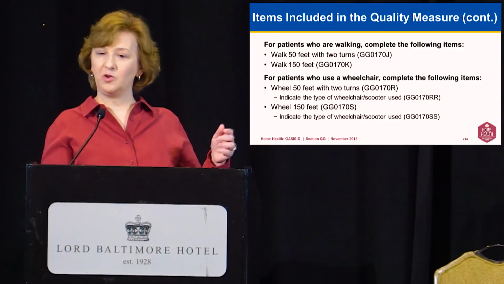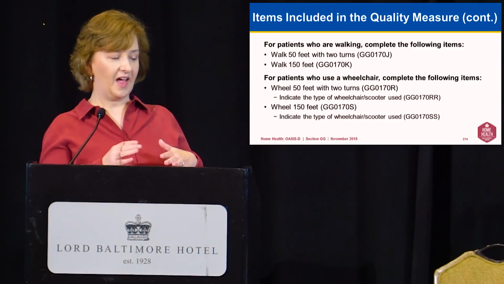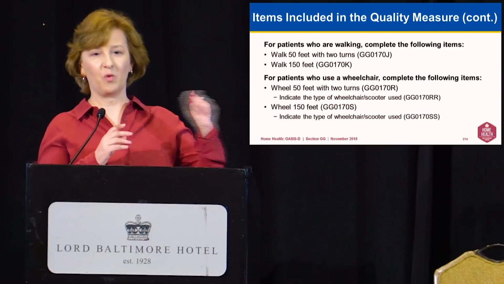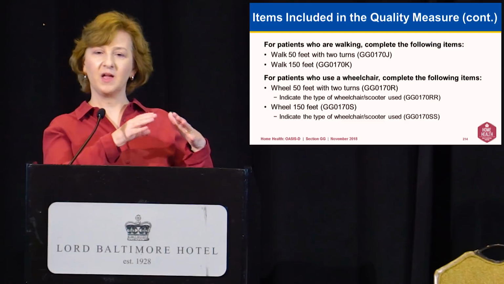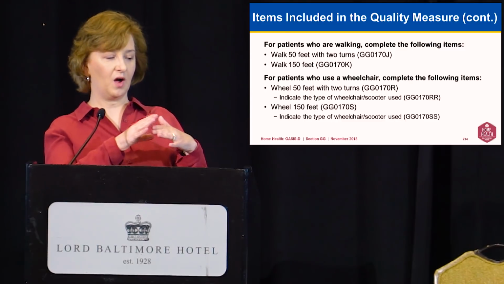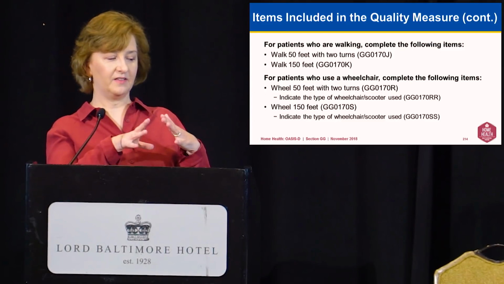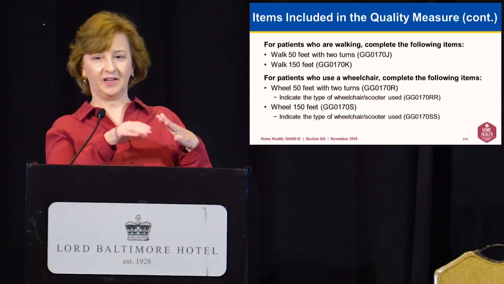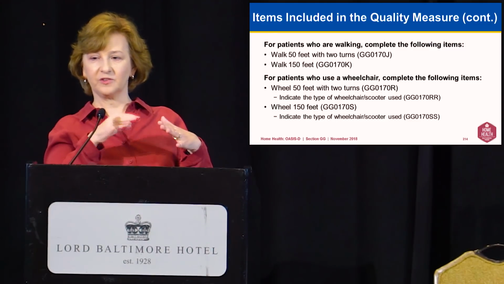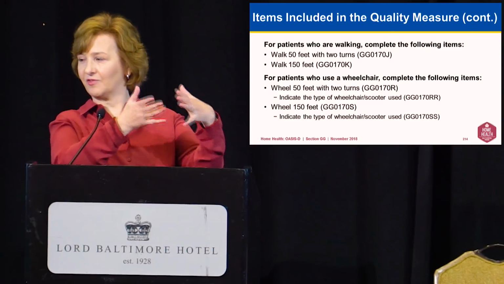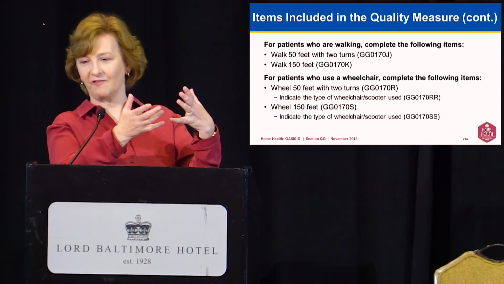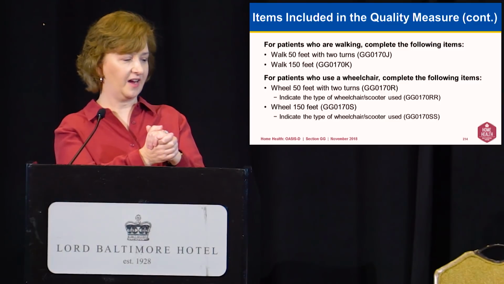I'll start with walking. In the case that you indicate on the form that the person is not able to walk 10 feet, then basically you are skipped over the 50 feet with 2 turns and 50 feet, but the fact that you answered the 10 feet, you're providing the information about walking, so you're fine there.